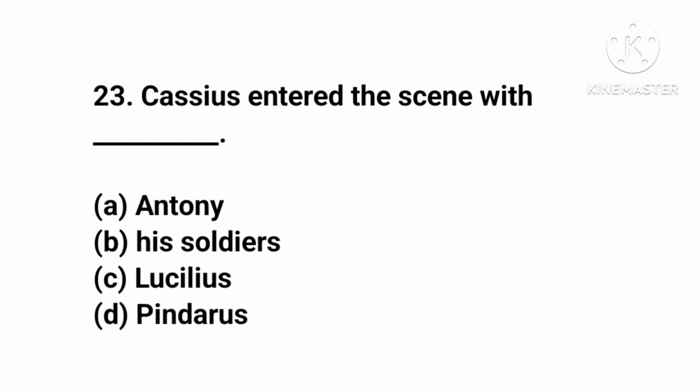Option A, Antony. Option B, his soldiers. Option C, Lucilius. Or option D, Pindorus. So he comes in with some people or with someone. So you have to tell me, who does Cassius enter the scene with?